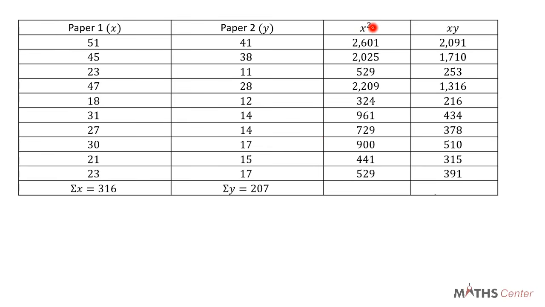We find sigma x squared, that gives us 11248. And we find sigma xy, and that gives us 7614. Remember that the equation of the line of best fit is given by y is equal to mx plus c, where m is the gradient of the line and c is the y-intercept.